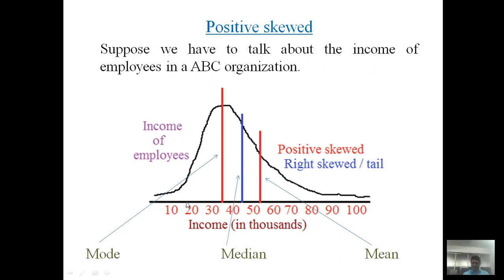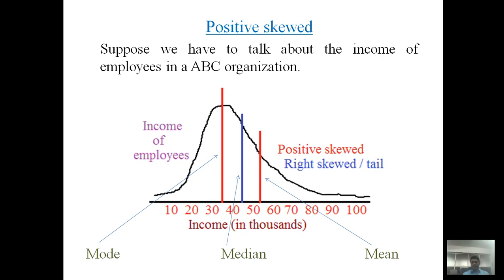The x-axis represents the income in thousands, say 10,000, 20,000, 30,000 and so on up to 100,000, approximately 1 lakh. The y-axis represents the data of the 200 employees in ABC organization.